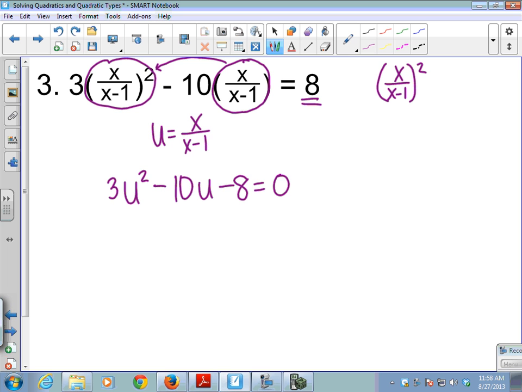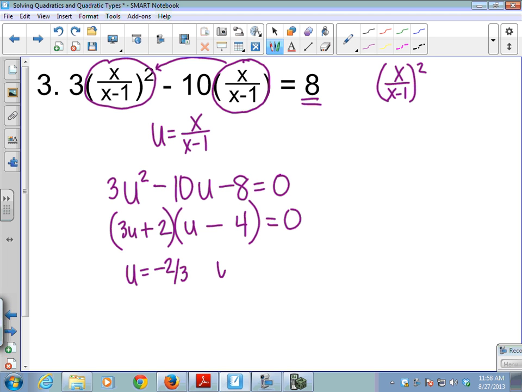So now when I go ahead and try to factor this, my factors have to be 3u and u. And then if you try it out, you're going to end up with 2 and 4 here. The 3 and the 4 will give you 12, 2 and u give you 2, so those can combine to give you 10. So my signs need to be a -4 and a +2. So then u is going to equal -2/3 from the first factor, and u is going to equal 4 from the second.